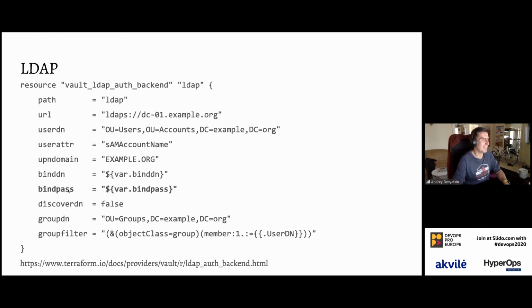The important part here is you will need a bind account that allows Vault to log into your LDAP server and query stuff. So you will need to provide the username and the password, and you don't want to store this password in your Terraform spec. So you want to pass that as a variable of some kind, or find another way.